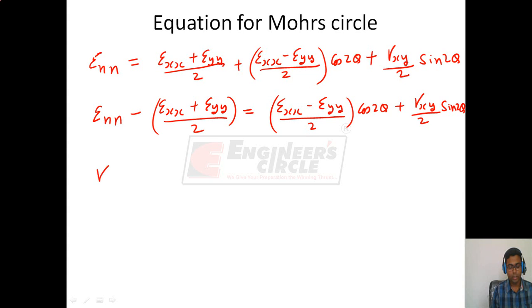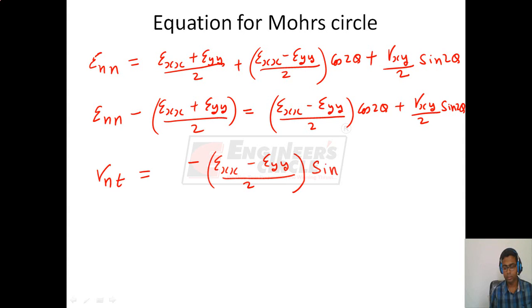We have also learned that the shear strain gamma nt can be written as minus (epsilon xx minus epsilon yy)/2 sin 2 theta plus gamma xy/2 cos 2 theta. Here also, gamma nt divided by 2.